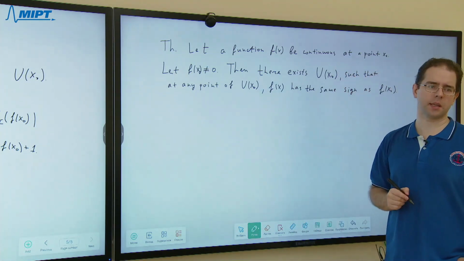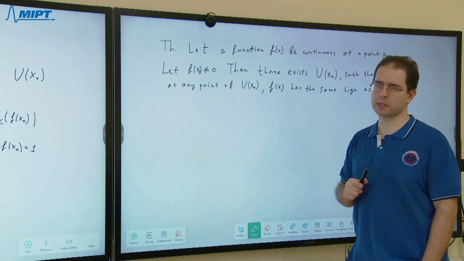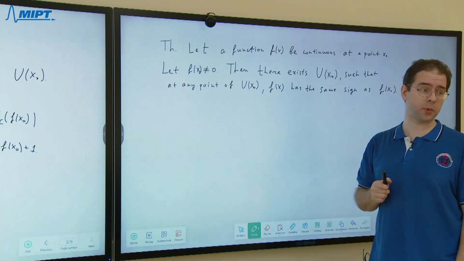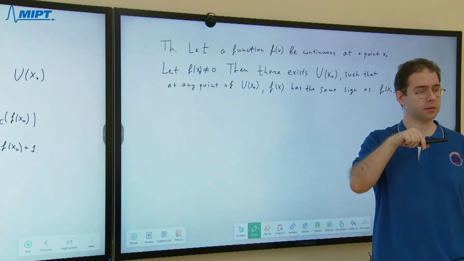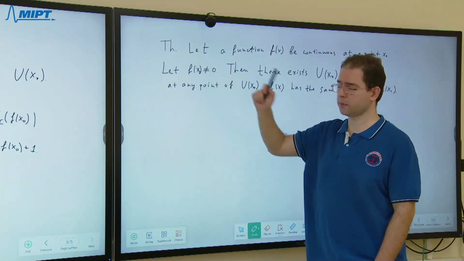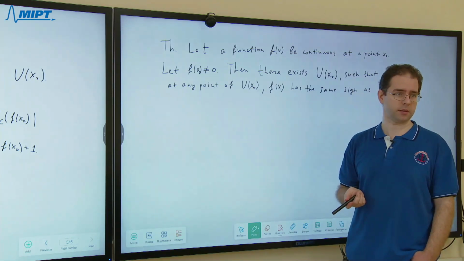Basically, this means that if my function at this point x0 was positive, then it stays positive in some neighborhood. And if this value was negative, then it stays negative in some neighborhood.